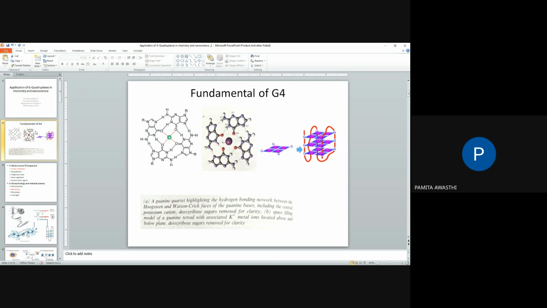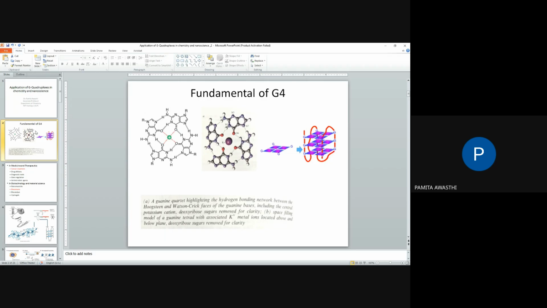In the first lecture, we had discussed the primary, secondary, tertiary, quaternary structure of the DNA. And we had also discussed how the secondary structure is responsible for the polymorphism in DNA, which has different applications at the cellular level.